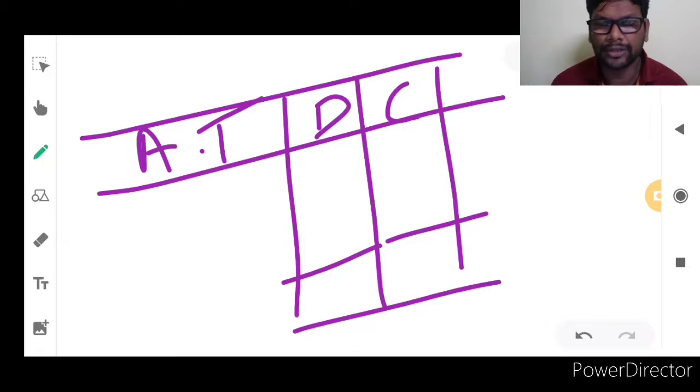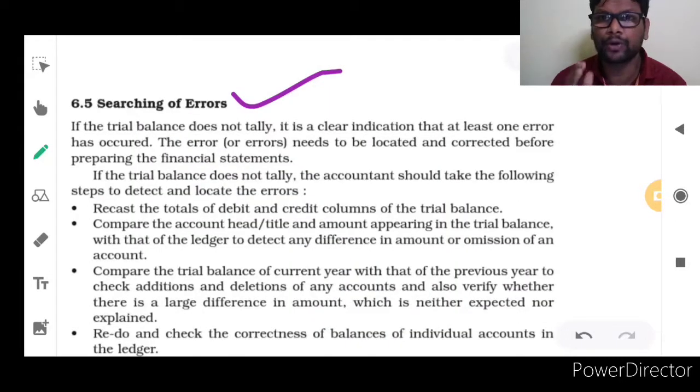So who is going to identify and rectify the errors? The accountant will take steps to search for the errors, and before preparing the financial statements, these errors should be rectified. With errors, if the accountant prepares the trading account, profit and loss account and balance sheet, called the final accounts, they will not show the exact financial condition, profit or loss.